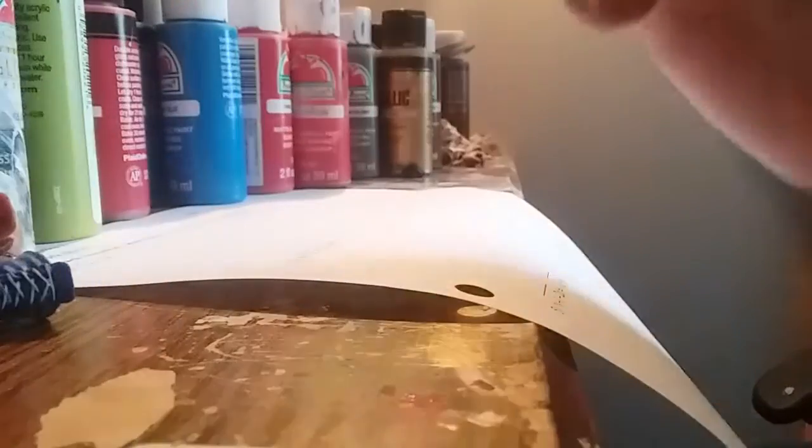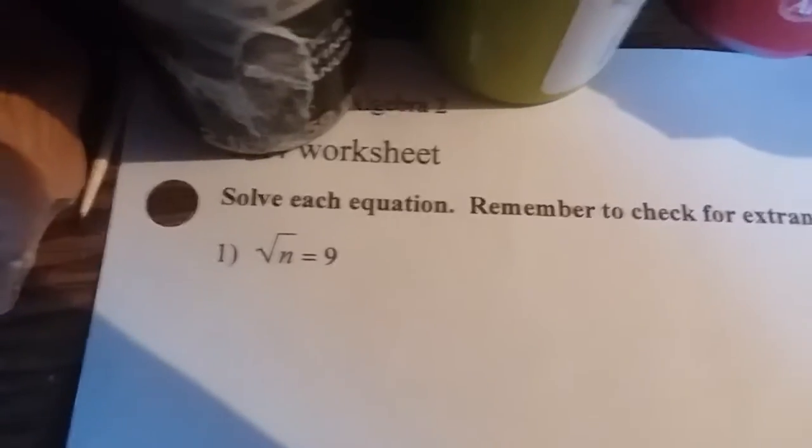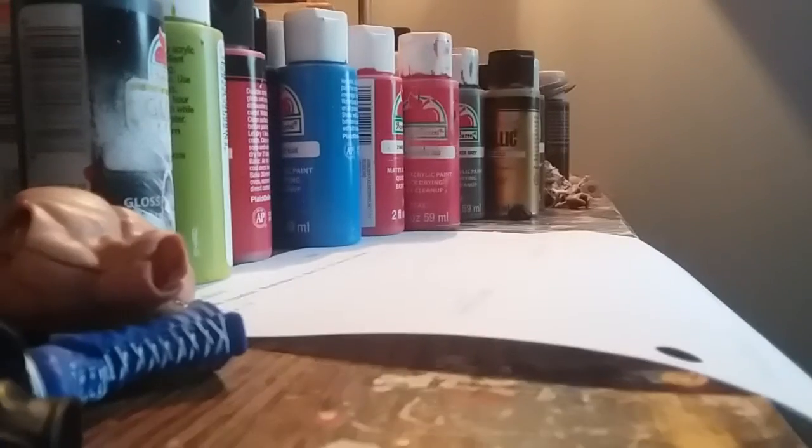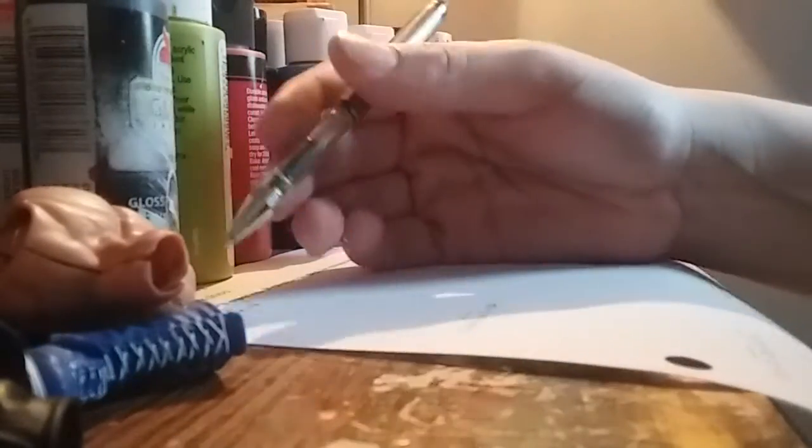So the first one, and I'm going to move the camera to it, is the square root of n equals 9. So this is what you are going to write. So I'm going to try getting the camera focused. So the square root of n equals 9.